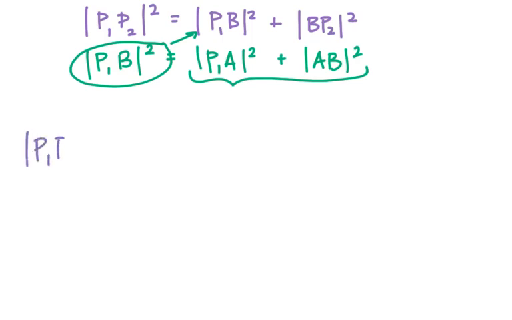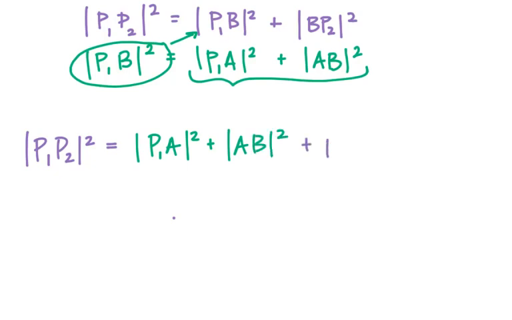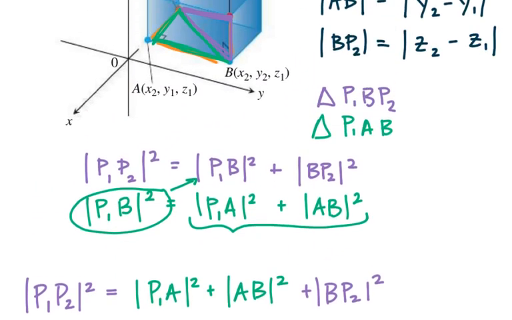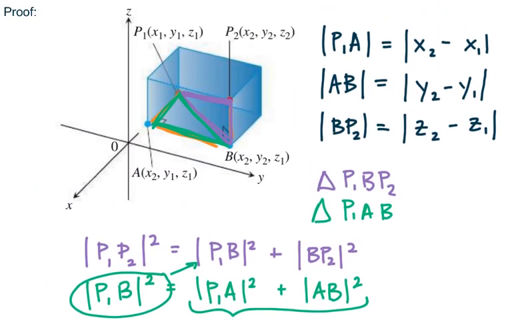We've got P sub 1, P sub 2 quantity squared equals P sub 1B quantity squared, which is equal to P sub 1A squared plus AB squared. And then we've got plus BP sub 2 squared.